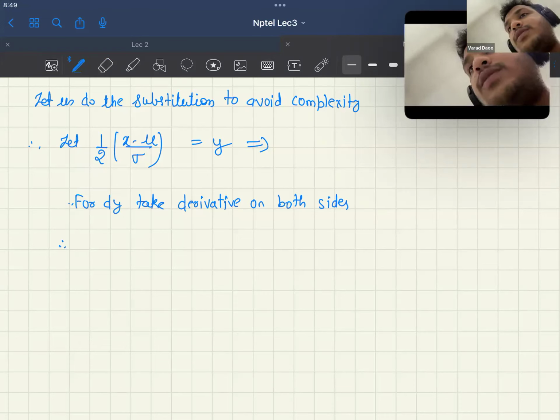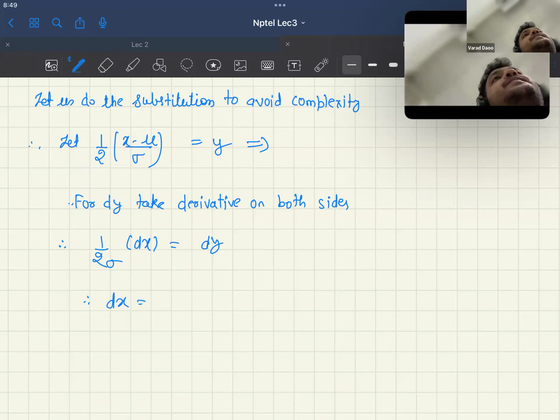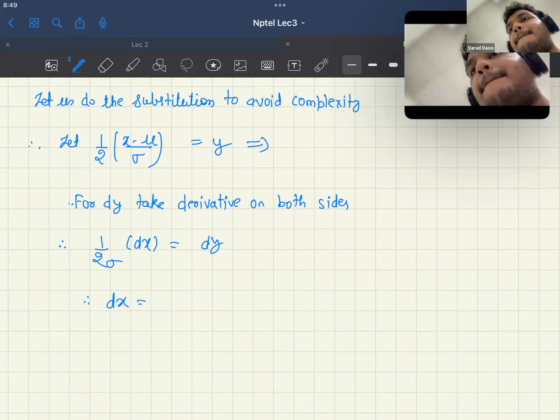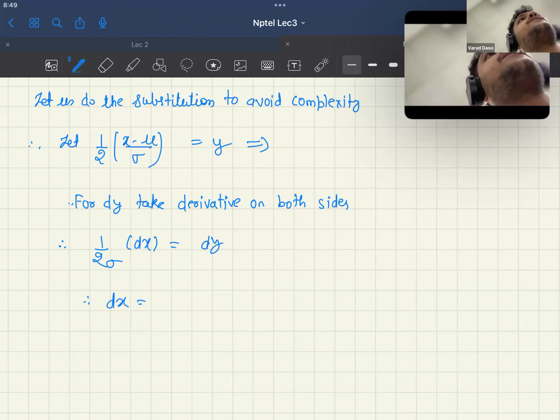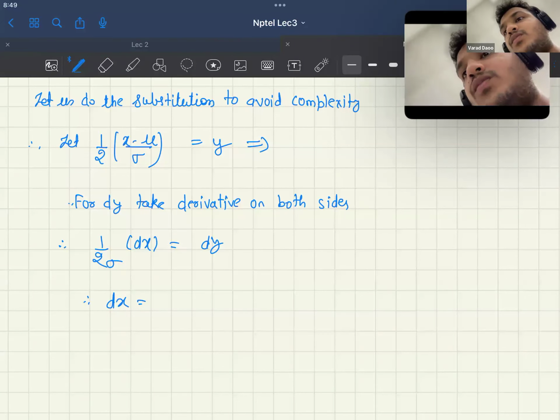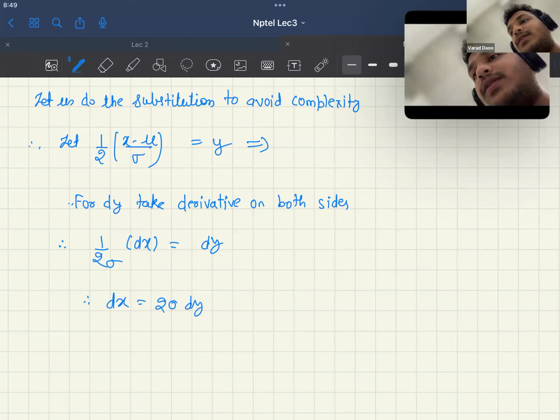Therefore, 1 by 2 sigma into dx is going to be dy. Therefore, dx is going to be 2 sigma dy, right?